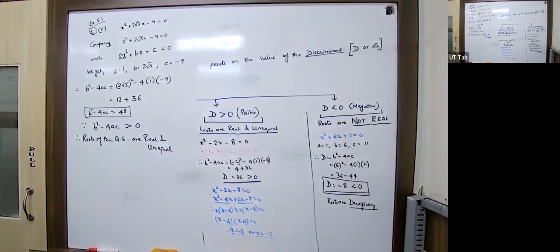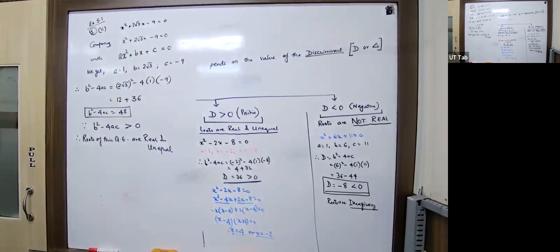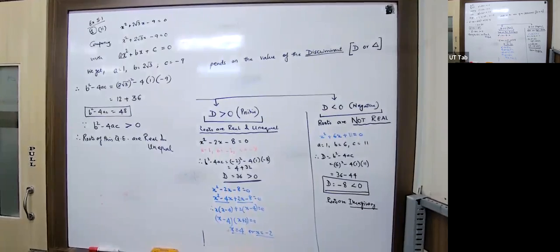Without solving, comment on the nature of the roots. तो तुम लोग तीनों करो. That's the first question. ठीक है. And then the second one, you will also solve the first.